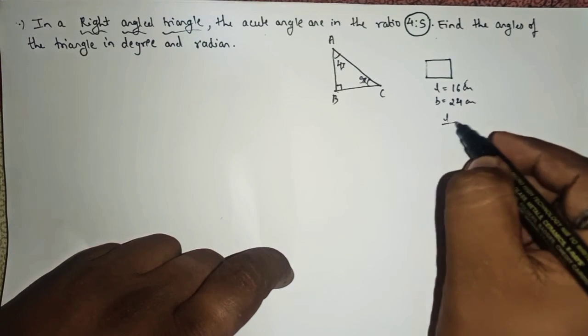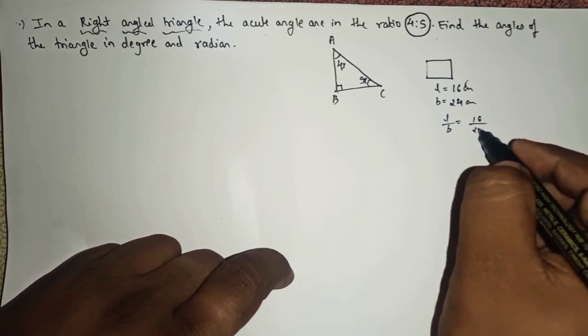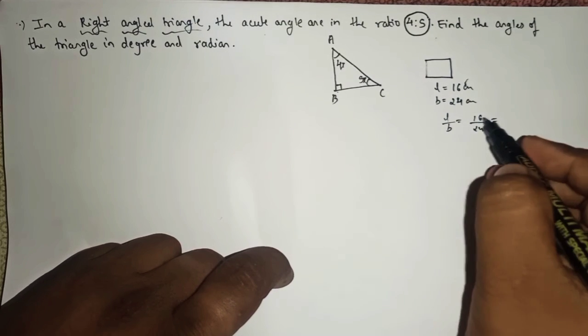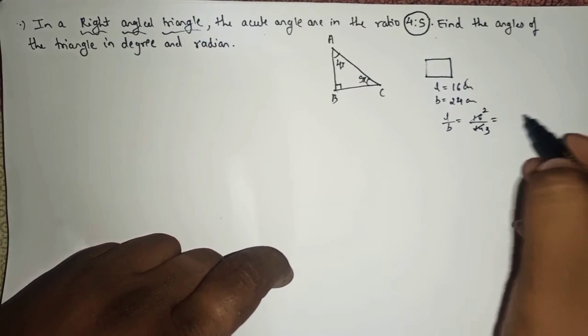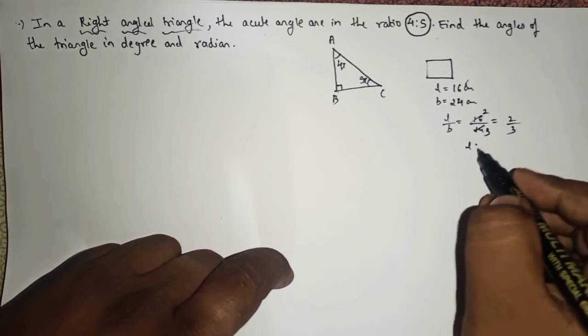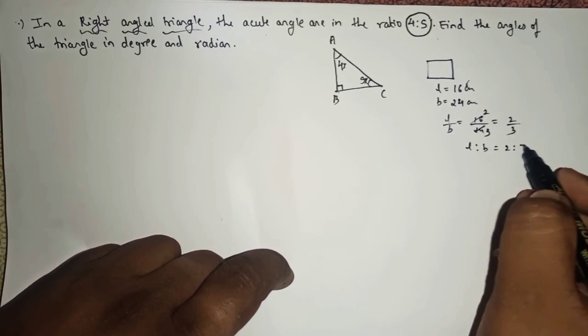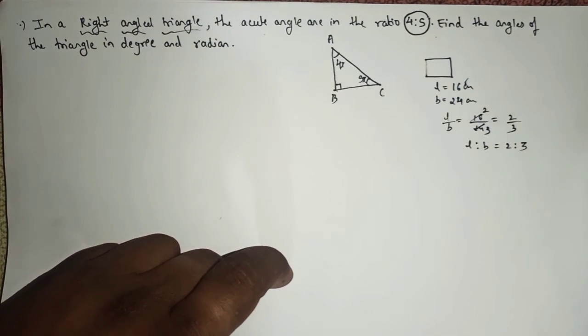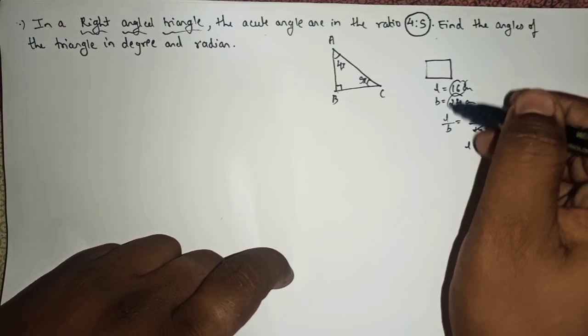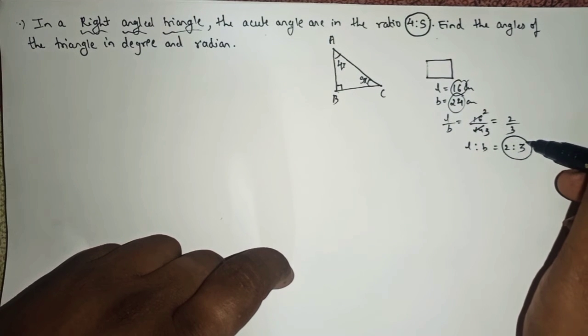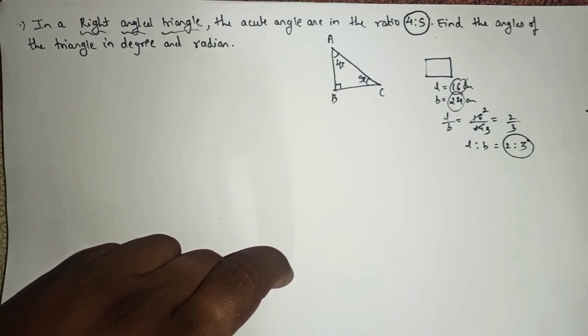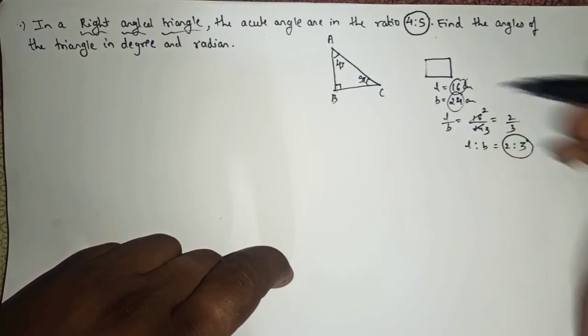If you want to find the ratio, 8 twos are 16, 8 threes are 24, so here we got 2 by 3. So the ratio of length and breadth is 2 is to 3, but the actual answer is 16 and 24. This ratio is not the actual answer. It is a reduced form of the actual answer.